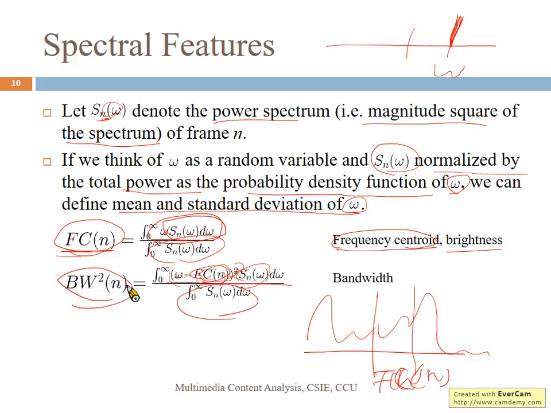The physical meaning of this value is the variance of the energy distribution in the frequency domain. And this feature is called bandwidth. The bandwidth here is different from the terminology bandwidth in computer networks.